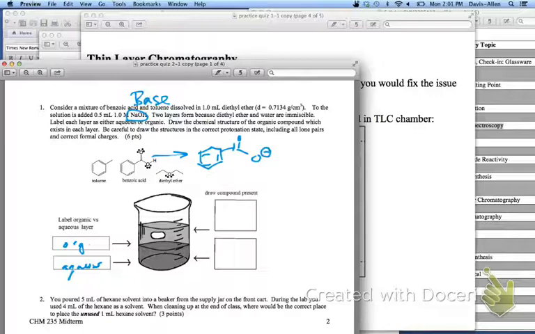Minus. Minus charge is also known as an what? Ion, which means what intermolecular force? Ionic. What's our classic ionic example? NaCl. What do we know about NaCl? Water soluble. What would we expect to see in our bottom layer? We would expect to see that negatively charged species. What would happen to the toluene, which has just carbons and hydrogen bonds? No reaction, stays up in that top organic layer?